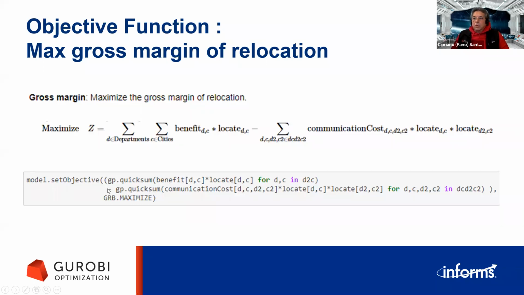And then we are going to subtract the summation of the communication cost from allocating department D at city C and department D2 at city C2. And this is multiplied by the location variables of locating department to a city. And this is going to run over the keys of the communication multidict. And we need to tell Gurobi that we are maximizing.